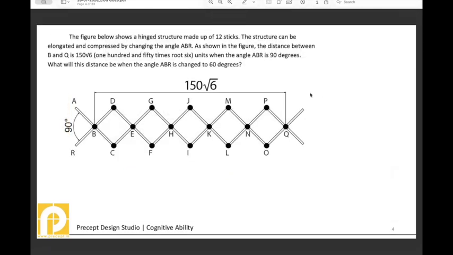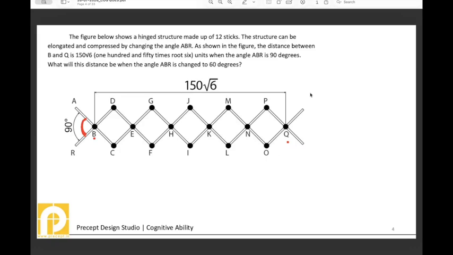The figure below shows a hinge structure made up of 12 sticks. The structure can be elongated and compressed by changing the angle ABR. ABR's current angle is 90 degrees as shown in the figure. In the current situation, the distance between B and Q is given, which is 150 root 6.